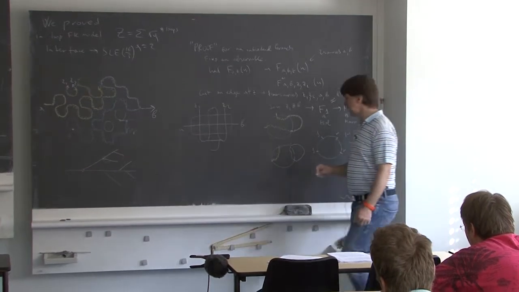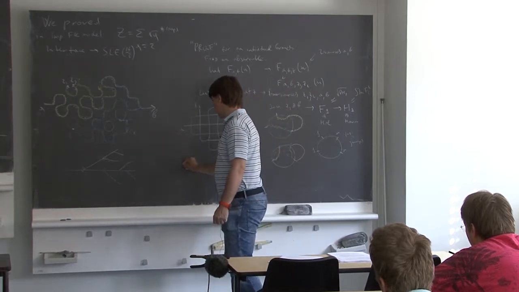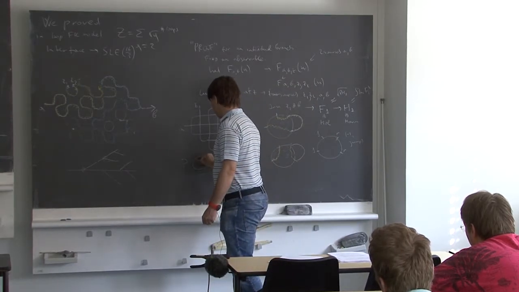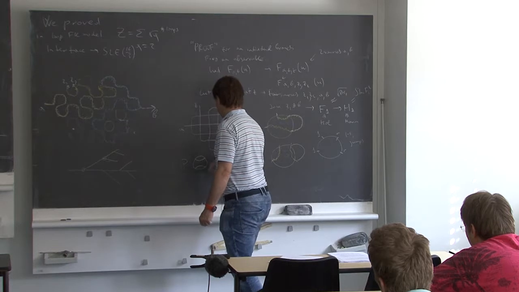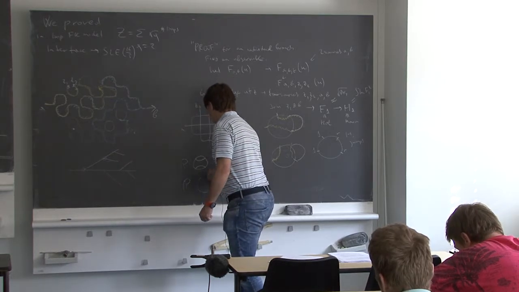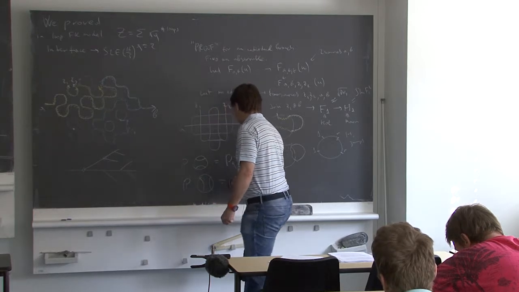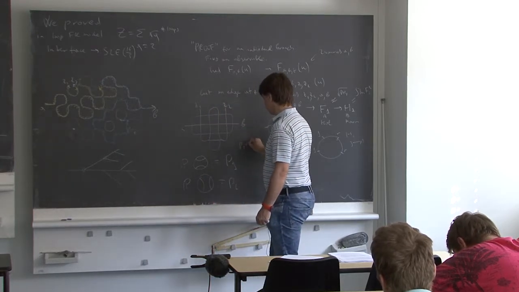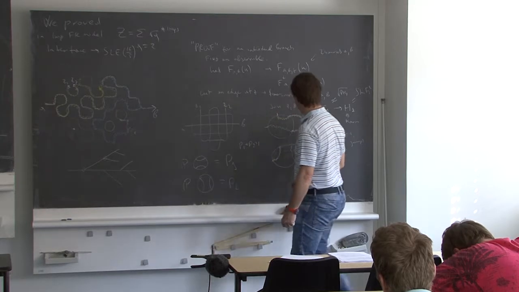And basically if you say that probability in the original model, there are probability of this picture we denote by, let's say, P1, and probability of that picture we denote by P2, and of course P1 plus P2 is equal to 1 because it's sum of probabilities.